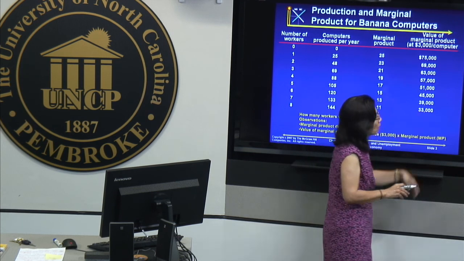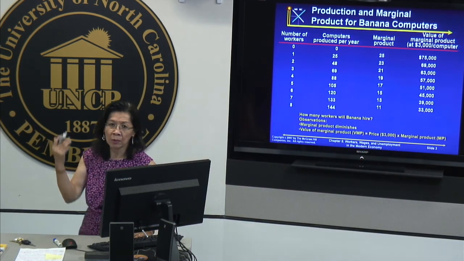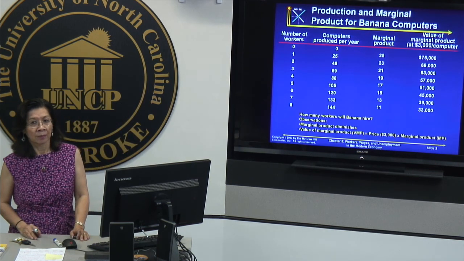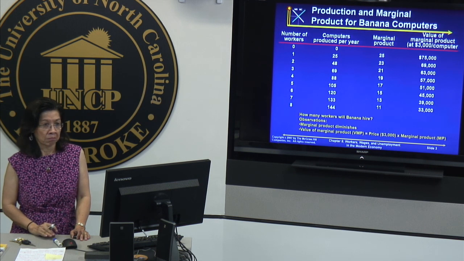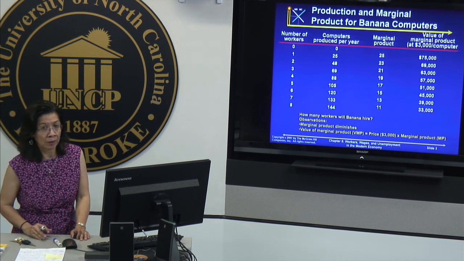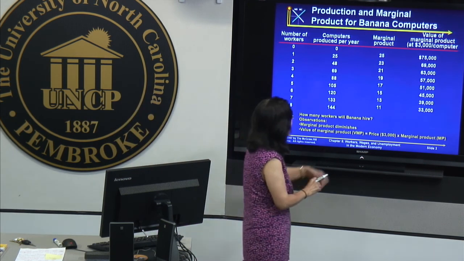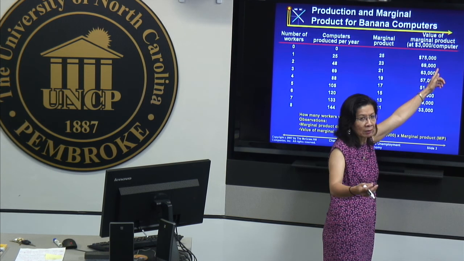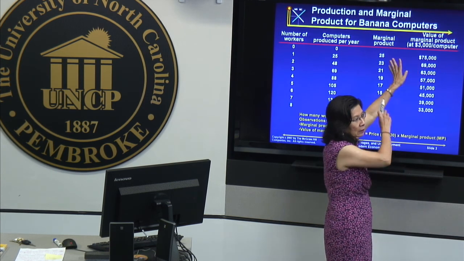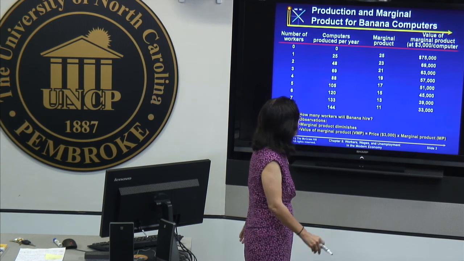The price of the output is given as the price of the computer, because this is what the workers are producing. The inputs are the workers. The outputs are the computers, because that's what they produce. So you take the price of the computer, which is $3,000 per computer. I know that's kind of expensive, but that was back in year 2000. It's probably a mainframe computer.